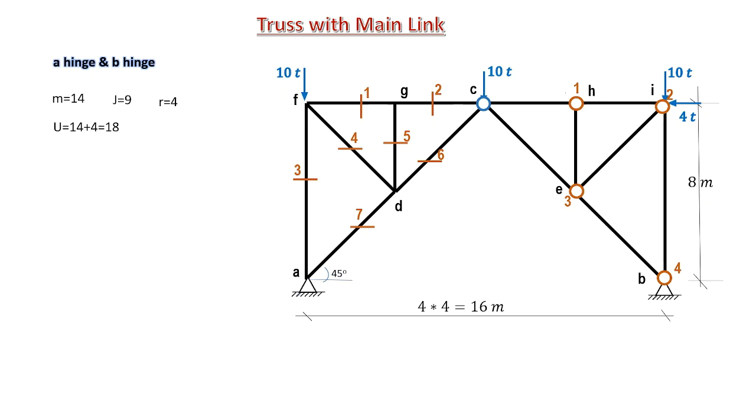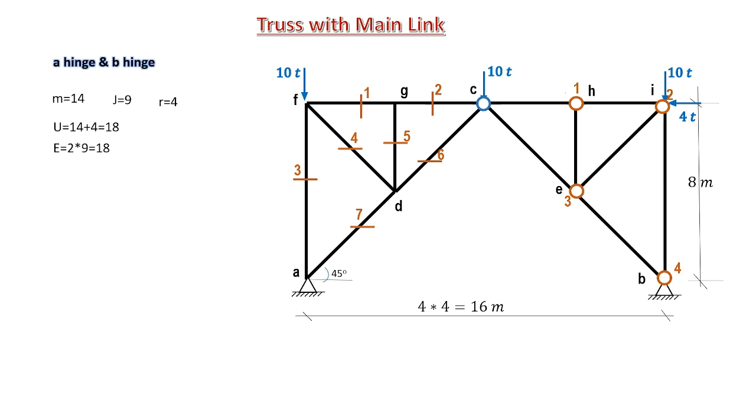The unknowns are the number of members plus the number of reactions, because we have for each member one internal unknown, which is the force in the member, and our external reactions are also unknowns, so we have 18 unknowns.